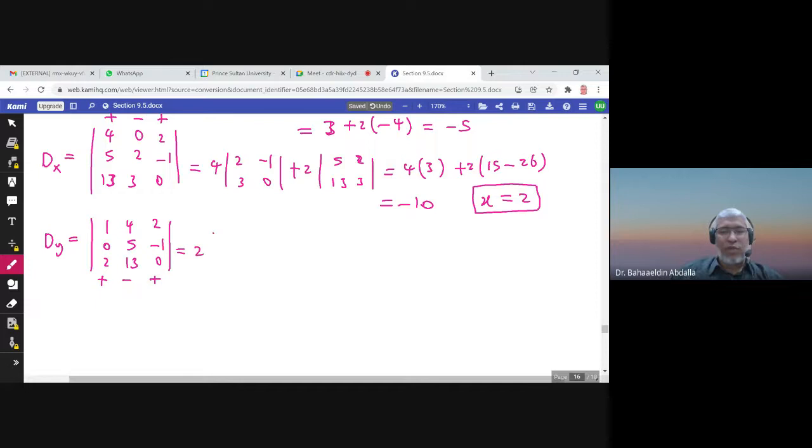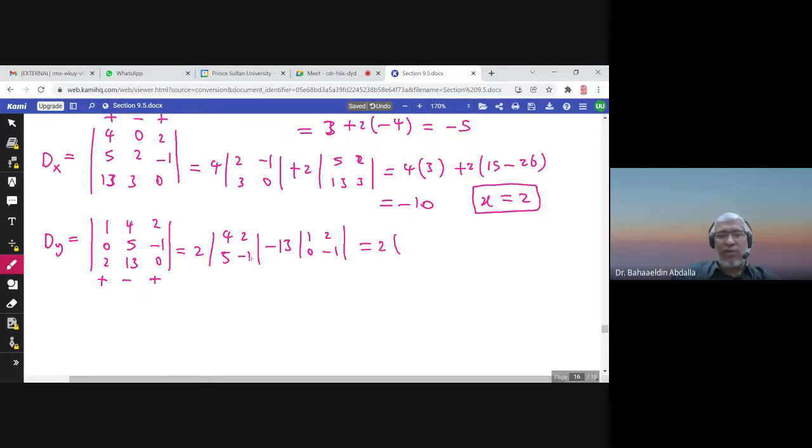So it's 2 times the minor 4, 2, 5, negative 1, minus 13 times the minor 1, 2, 0, negative 1. And the 0, no need to write it.